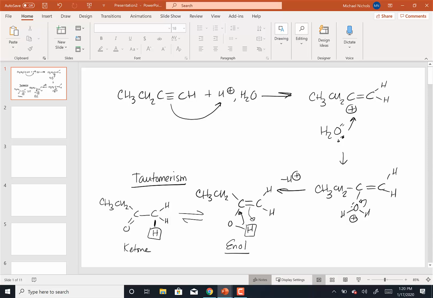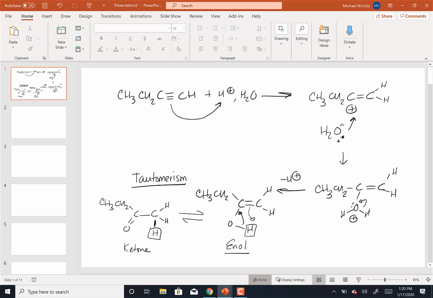And sometimes people get that confused. They'll call these resonance structures when they're not. I think when Dr. Weiner and I submitted a paper on this, one of the referees came back and said the resonance structures, and we're like, how sad. They're not. They're tautomers. It's equilibrium.